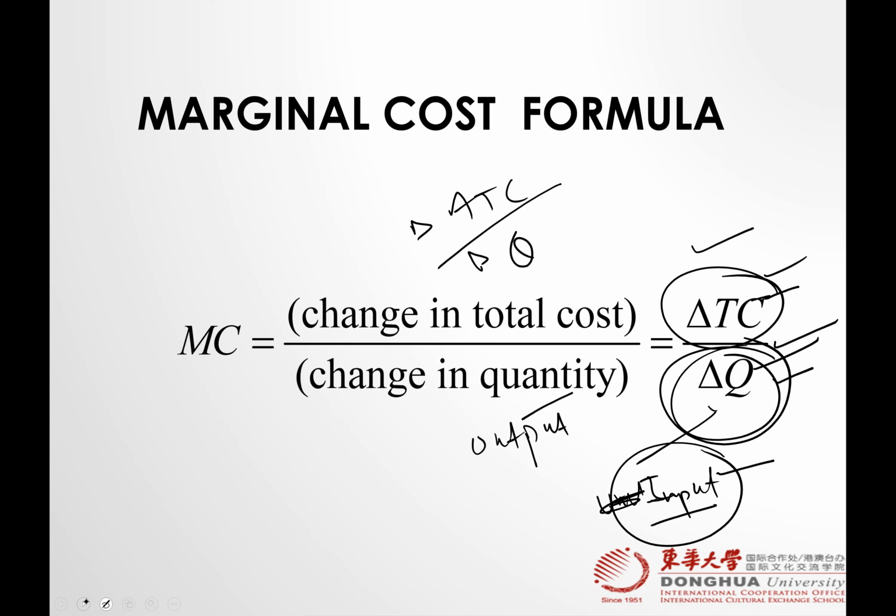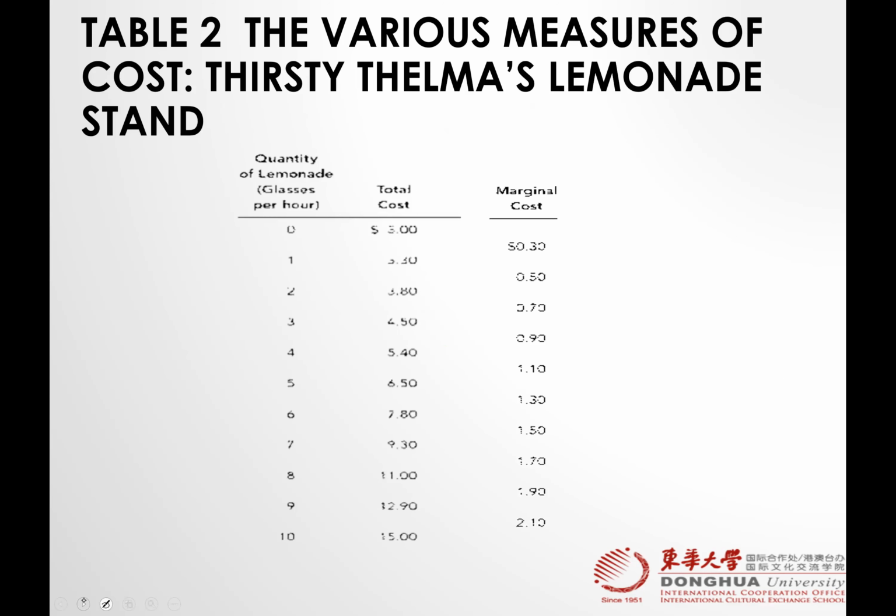So let's talk about how we calculate that. Here we go, we have the example here. This is the output, making laminate glasses per hour: 0, 1, 2, 3, 4, 5, 6, 7, 8. And this is the total cost. We've seen here that marginal cost is in the middle, right?